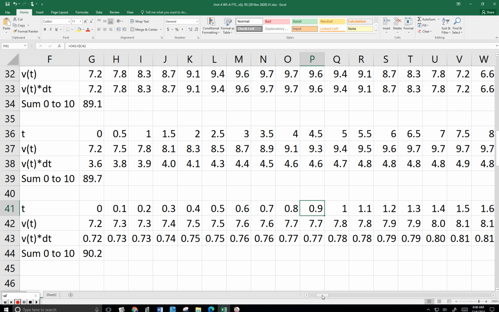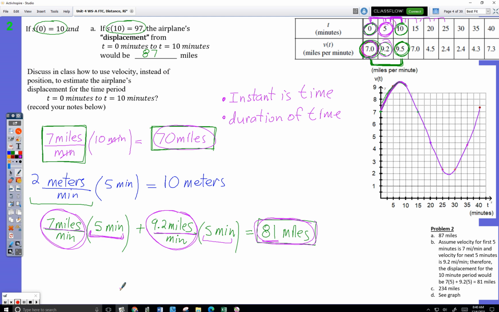Are you comfortable that if I take a rate right here, 7 miles per minute, and I multiply that rate by a duration of time, in this case, I'm going to calculate how much my position changed for those 10 minutes? So show me 1 to 5, how comfortable are you with that idea? Everyone's doing either a 4 or a 5, or a 3.5. Not too bad. Okay, good.